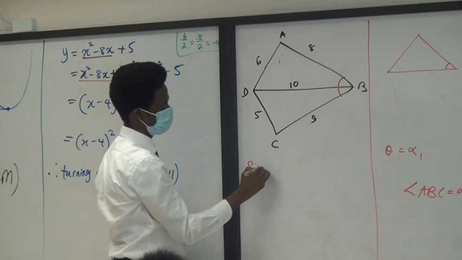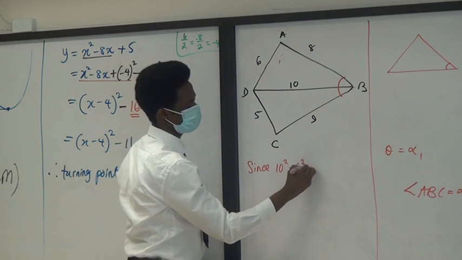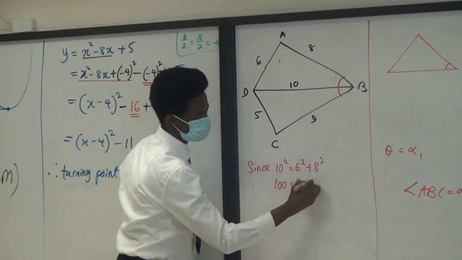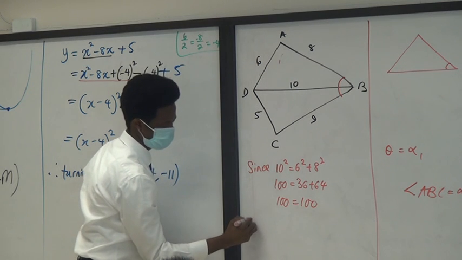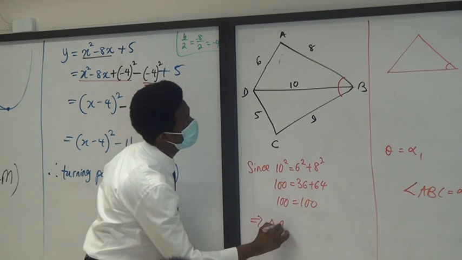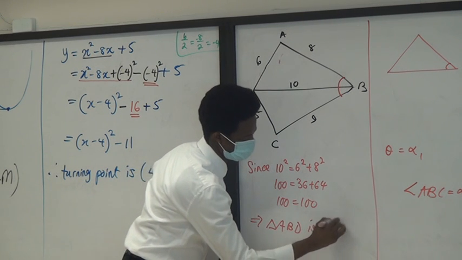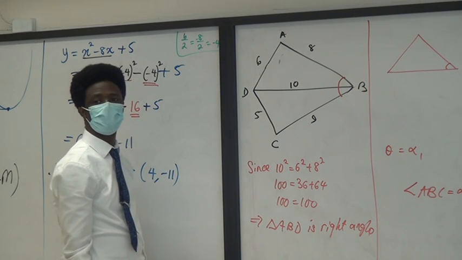Since 10 squared is equal to 6 squared plus 8 squared, which means 100 is equal to 36 plus 64, which means 100 is equal to 100. It implies that triangle ABD is what? Right angle. So since that is right angle, then you can use SOHCAHTOA.